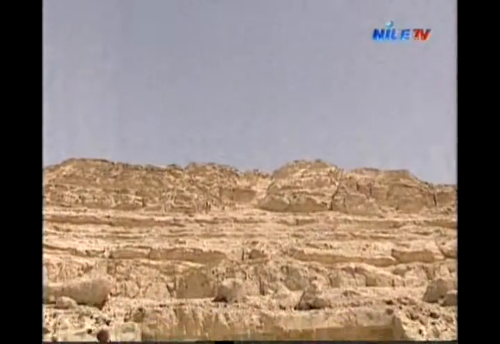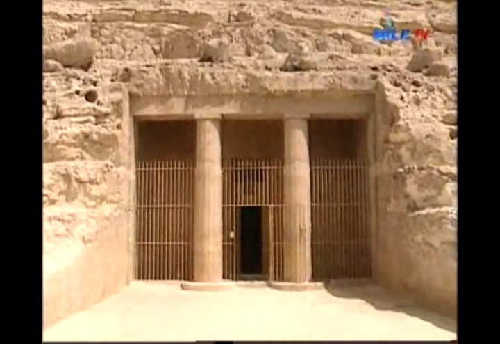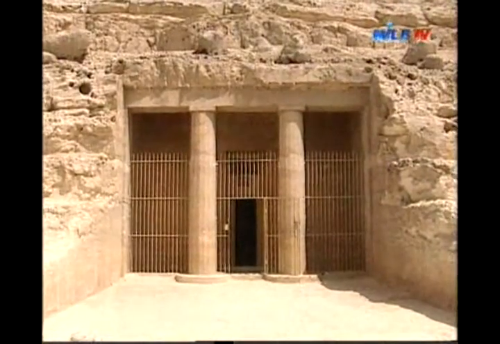The entrance of the tomb is adorned with 2 columns. Each is 16-sided, above which rests a vaulted ceiling, just like Emini's tomb.